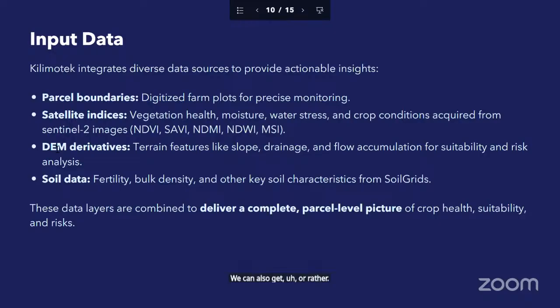We are also getting digital elevation model (DEM) derivatives, which are publicly available, and we derive the terrain features, the slope and the drainage of the entire area. And we are integrating soil data from SoilGrids to get actual information about these parcels. All these data layers combine to deliver a very complete parcel picture of the crop health and suitability of this area of interest, Mwea Tabere.